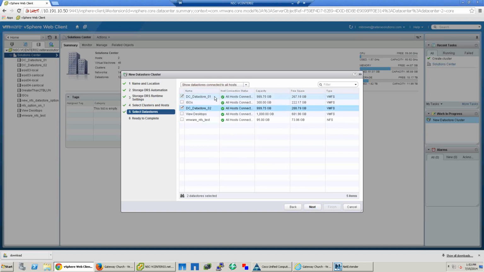While I'm choosing these data stores, it might be useful to say that it only makes sense to add data stores into a data store cluster that are similar. You don't want to put, let's use an extreme example, an SSD data store in with a SATA data store, or a nearline SAS data store, slow disks, because those VMs are going to be moving around within that data store cluster, and it doesn't make sense.